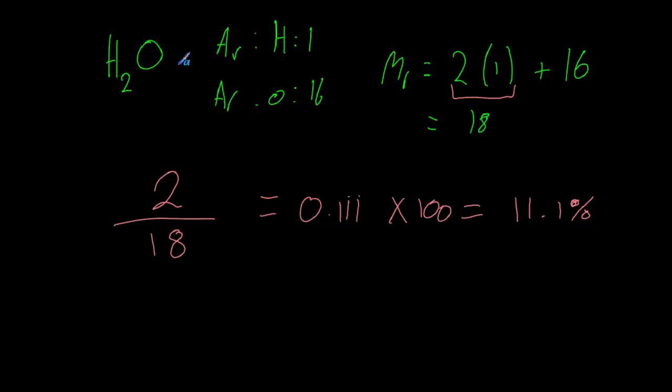And so if we did exactly the same calculation and worked out the percentage oxygen by mass, we are going to get 88.9, because it's the difference between 100 and 11.1.